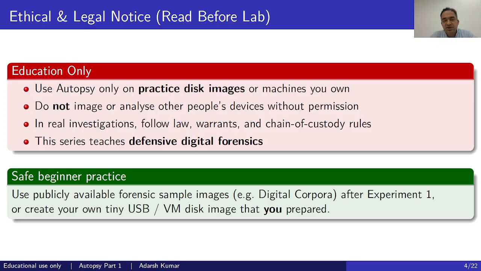In real digital forensic work, investigators follow law, warrants, policies, and chain of custody procedures. This YouTube series teaches defensive digital forensics, meaning we learn how evidence is examined responsibly. For safe beginner practice after experiment 1, use publicly available forensic sample images such as Digital Corpora, or create a tiny USB or virtual machine disk image that you prepared yourself for training.